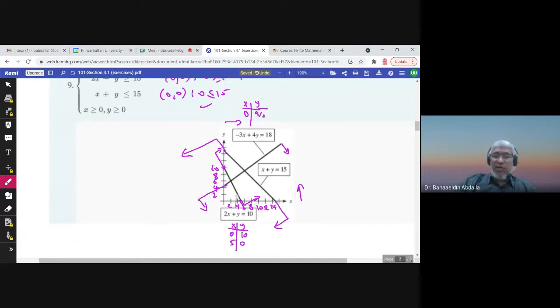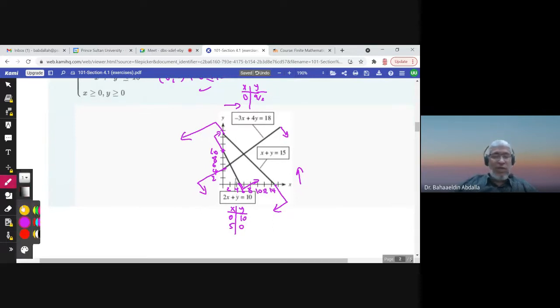So where is this region? If you pay attention, think about it. This region is to the left of this line, and it is below this line, and it is to the right of this line. Okay, so this is the region up to here, because y has to be greater than 0, and x has to be also greater than 0.